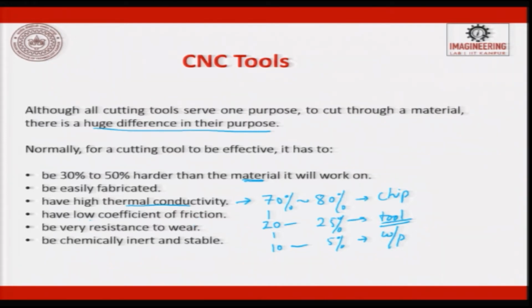So, there has to be a low coefficient of friction, and resistance to wear has to be there. It has to be chemically inert, because while machining we also use cutting fluids. These cutting fluids try to dissociate and traces of elements get diffused into the tool material. So, the material has to be chemically inert and stable at high temperatures.